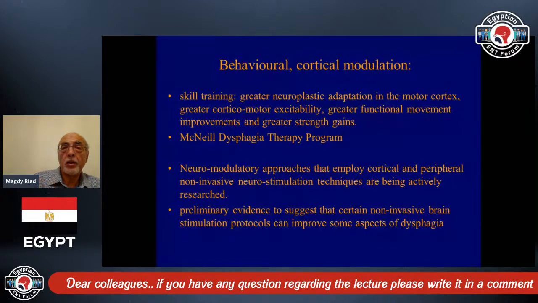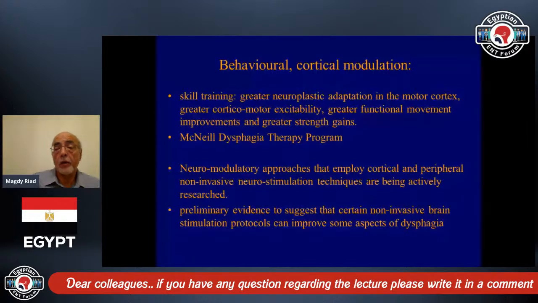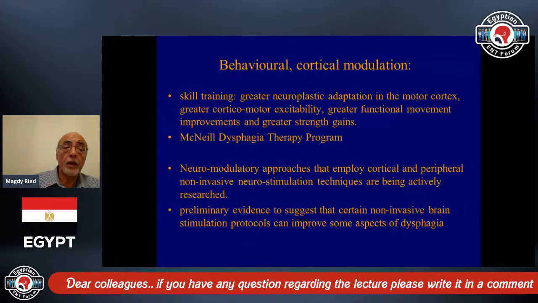You change the texture, you change the amount of the bolus gradually. And by doing this, you hope to improve the function of the muscles. And you can, of course, stimulate the brain itself either by magnetic fields or electric fields, or stimulate the muscles. That's the other way of trying to do that. All these are very experimental.